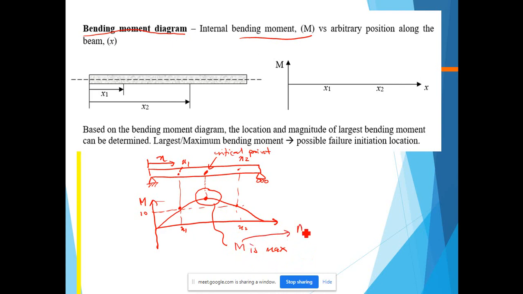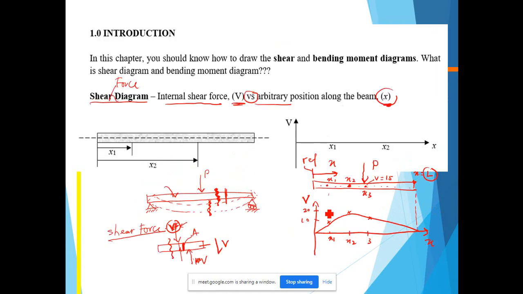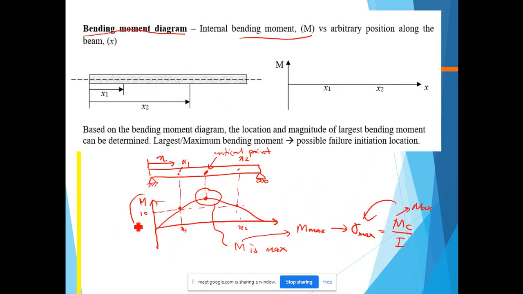Because when M is maximum, then the normal stress will be maximum, because the normal stress is equal to Mc over I. So M max gives sigma max. So that is the shear force and also bending moment diagram. In this chapter, we are going to draw the shear force diagram and also the bending moment diagram. That is the objective for this chapter.